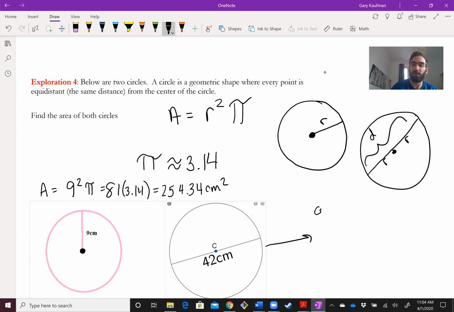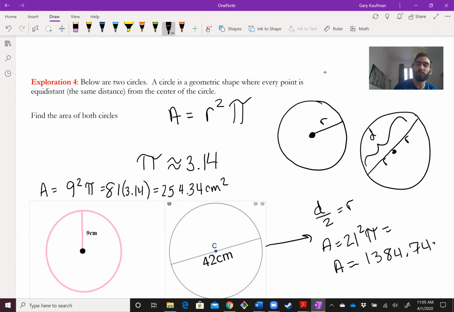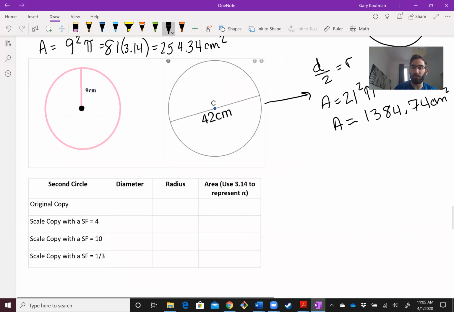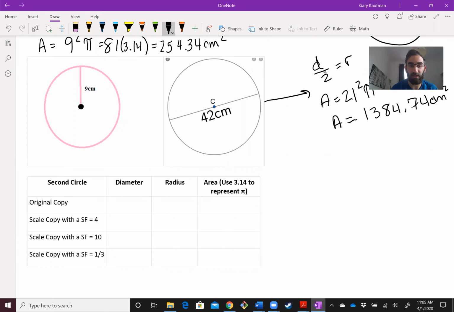So I first have to take the diameter and divide by 2, which gets me the radius, because the diameter is 2 radiuses. So my area is 21 squared times pi. And when I use my calculator to do that, and again, I'm using 3.14, I get that my area is 1,384.74 centimeters squared.